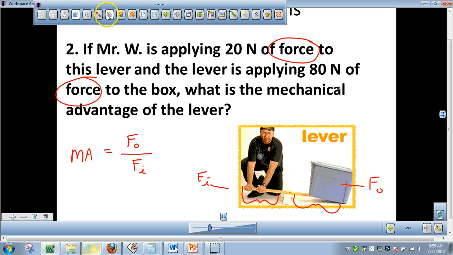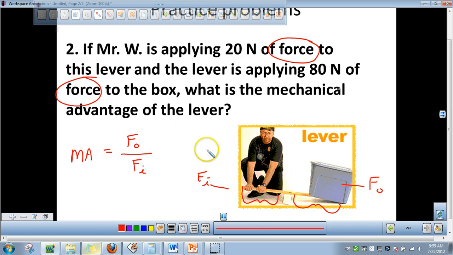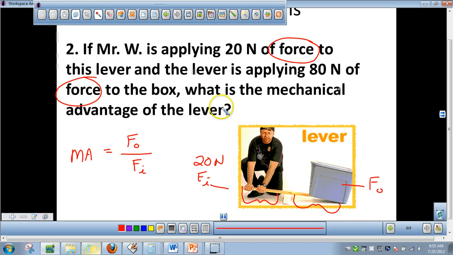So let's move on to the guess problem. It says that the input force is 20 newtons. Mr. W applies 20 newtons of force to the lever. The output force must be what the lever does to the box, which is 80 newtons.